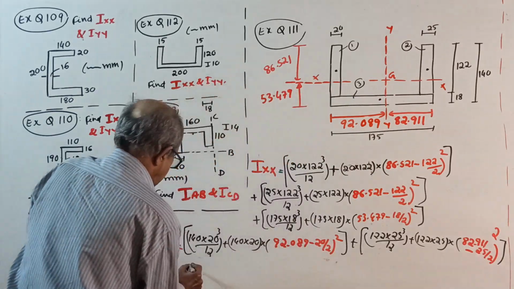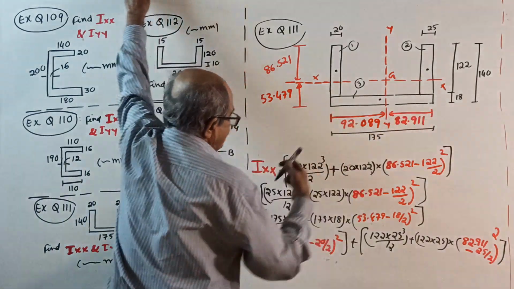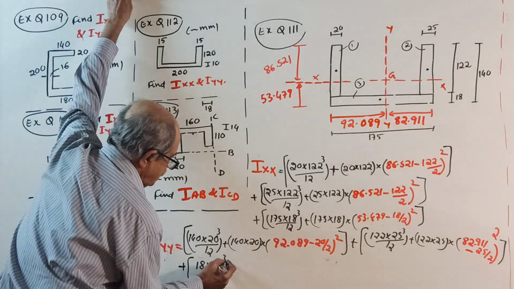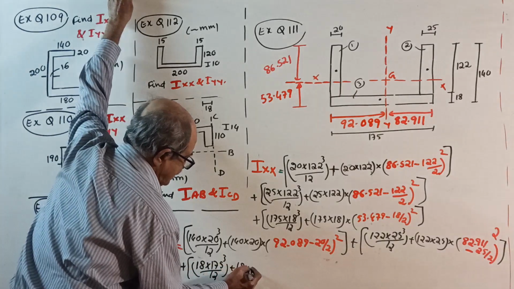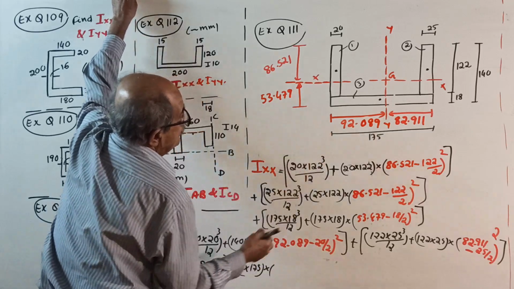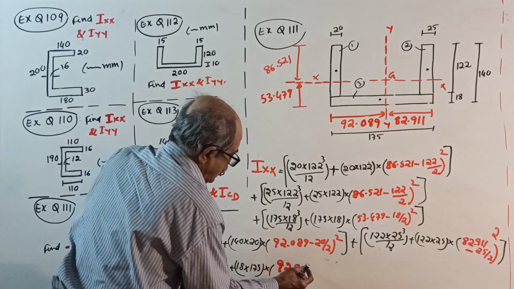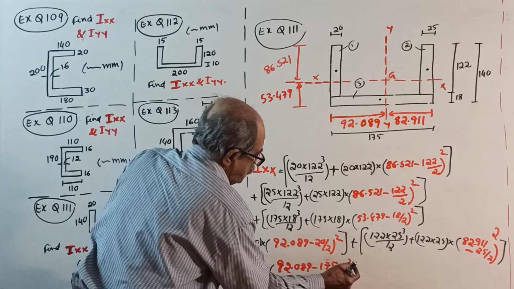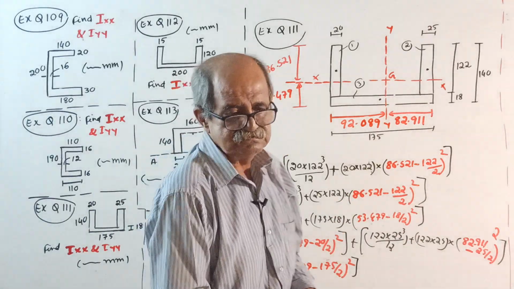Here I write the last one: 18 into 175 cube by 12. By looking only you can make out which is to be cubed, not by hearting. Plus 18 into 175 is the area, into 92.089 minus (175 by 2) whole square. Calculate, IYY over.